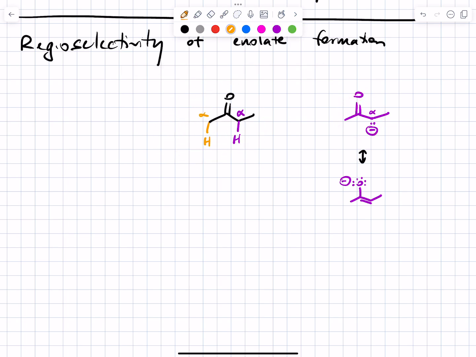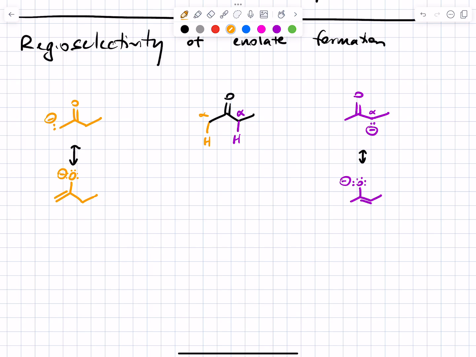If we remove the orange alpha proton, we'll get the orange enolate. And of course, we could draw the other resonance structure, which has the pi bond between the orange alpha carbon and the carbonyl carbon with a negative charge on the oxygen. Totally love how I drew that. Okay, I still don't like it.